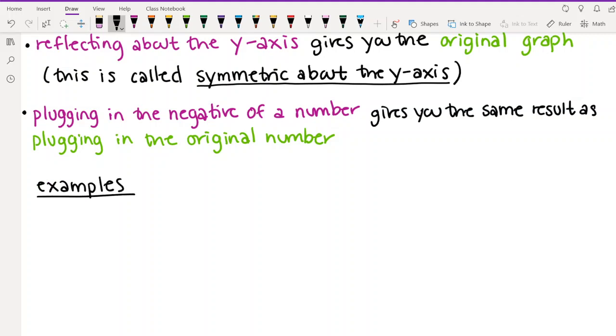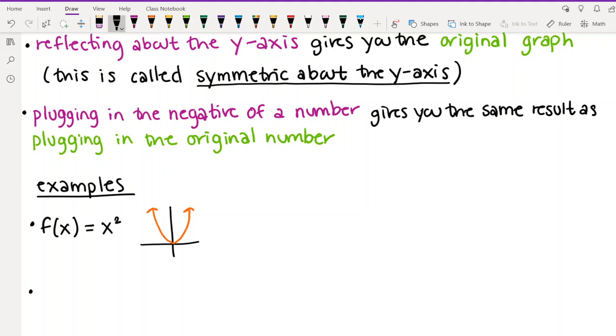Okay, so I want to give you a few more examples of even functions. The first example that we already saw was f of x is equal to x squared. I'm going to sketch a quick mini picture of it just so we can confirm that it has that symmetry we were talking about. And in addition to having the symmetry, it also has the property that when you plug in a positive and negative version of the same number, you get the same result. So what's another example?